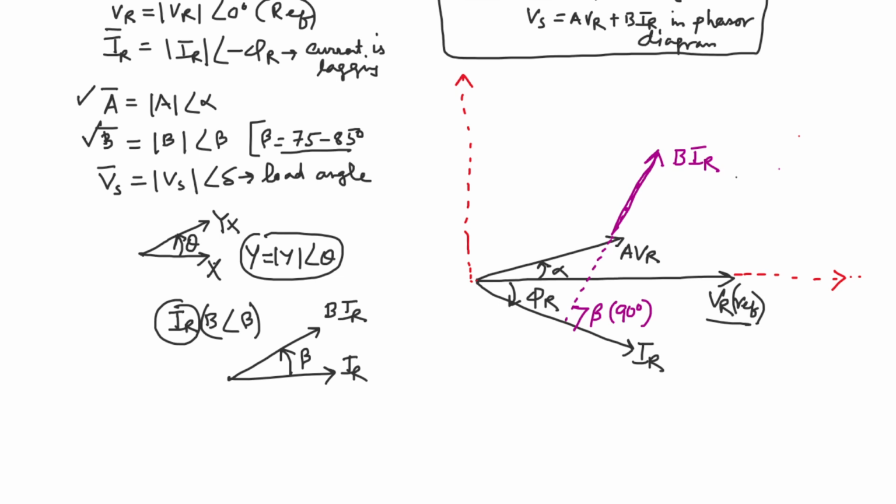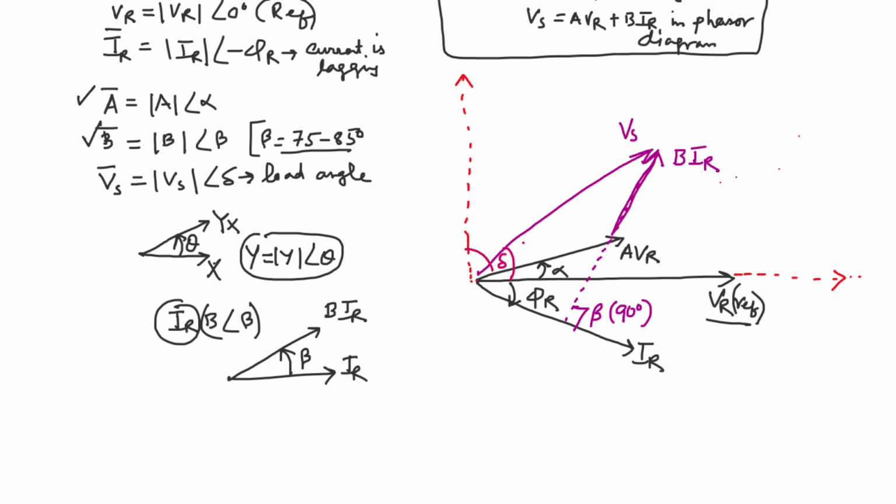Now the phasor summation of AVR plus BIR is equal to VS. So this represents the phasor representation of the equation VS is equal to AVR plus BIR. The angle between VS and VR is called delta. It is called the load angle. This angle is delta.